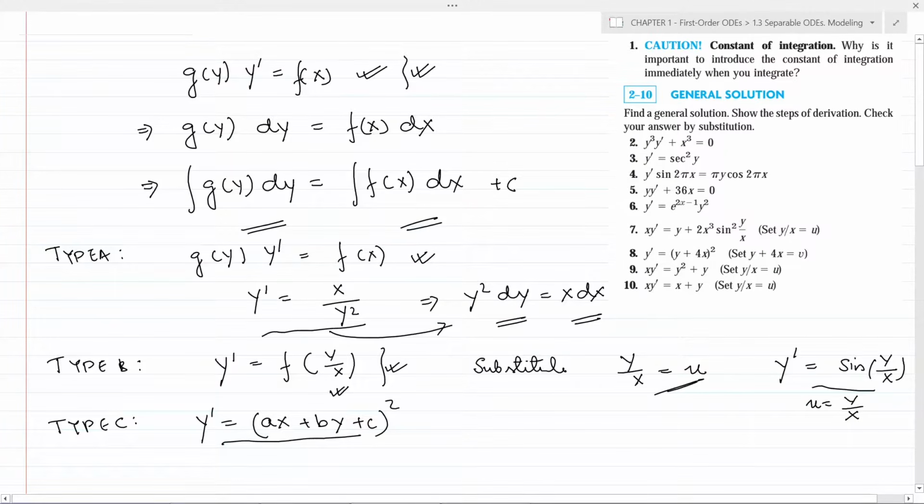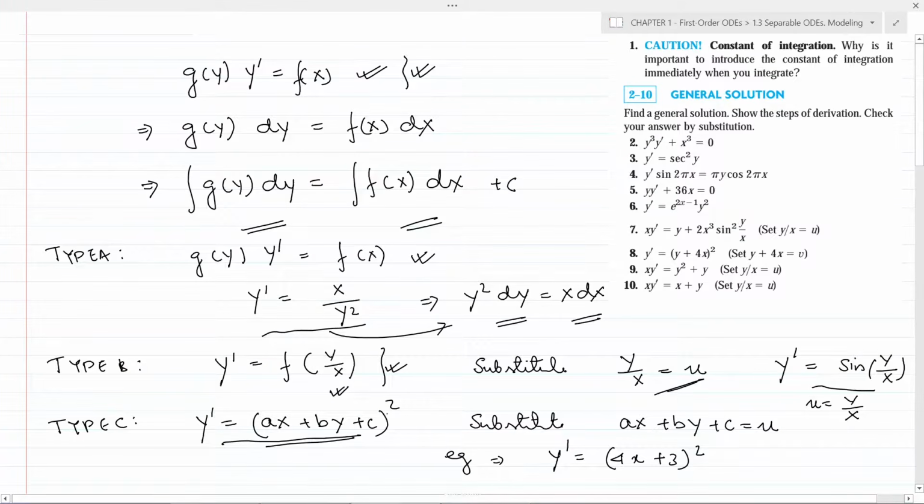Now this equation we cannot directly reduce to separable type by pure algebraic manipulation, but we can substitute ax plus by plus c is equal to u, and we can reduce this differential equation into a separable type. An example can be y dash is equal to 4x plus 3 whole square.